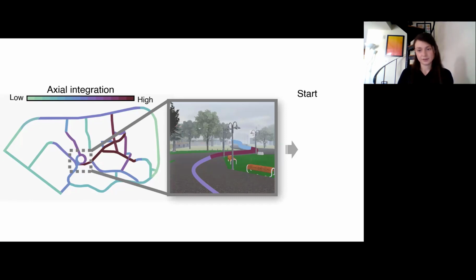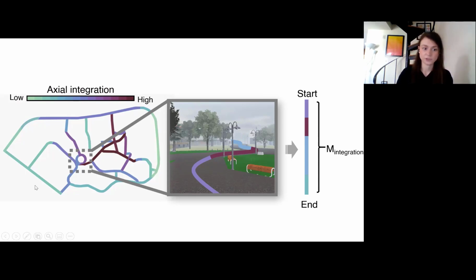So what that allows you to do is to construct this sort of time course going from the start of their exploration period to the end, and each time point would have the corresponding integration value. And then you can simply take the mean of all that, where higher integration values would mean that people spend more time in these high integration areas in the center, and lower integration values would mean that they spent more time in the periphery.